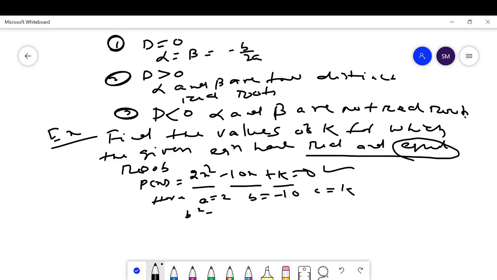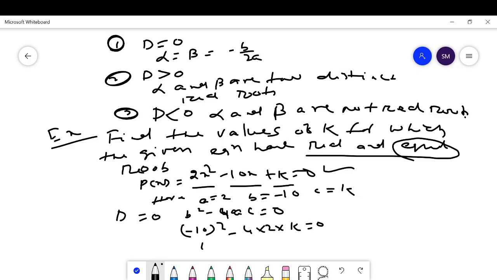As we have to find that the given equation has real and equal roots, equal roots means D is equal to 0, which means b square minus 4ac is equal to 0. Then (minus 10) square minus 4 into 2 into k is equal to 0.